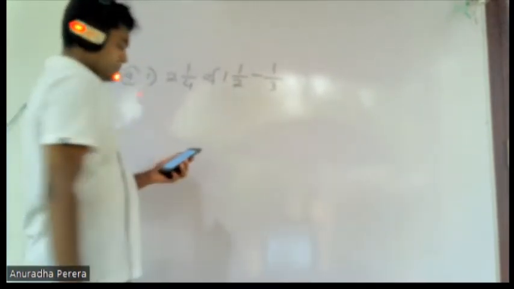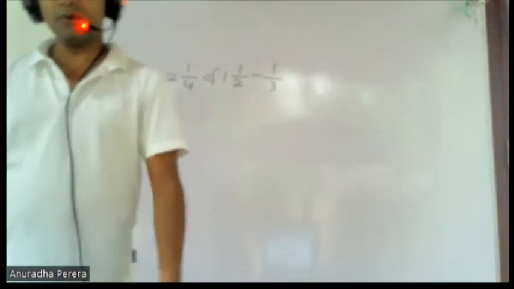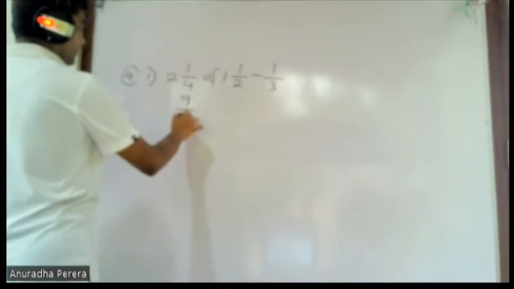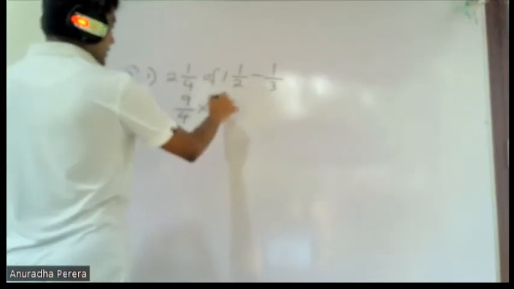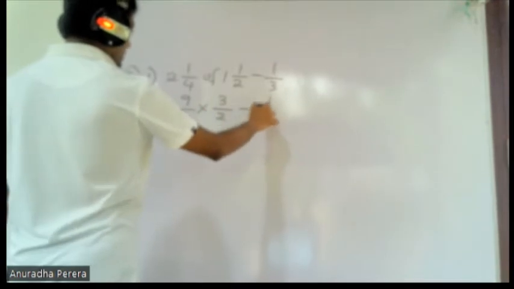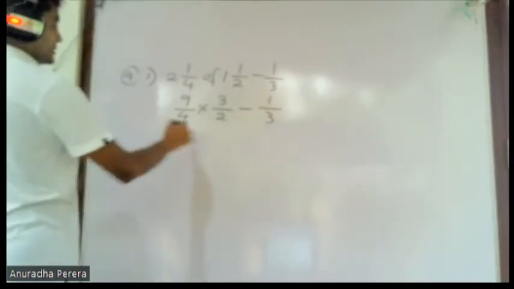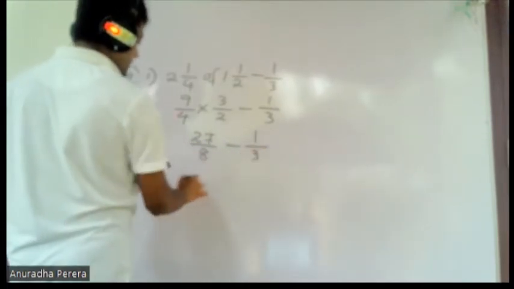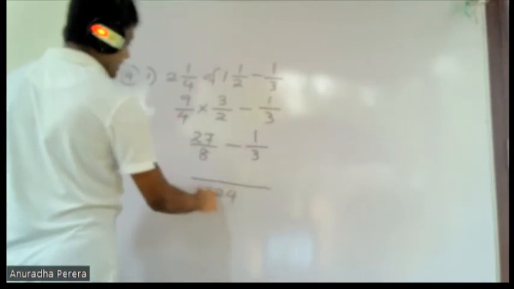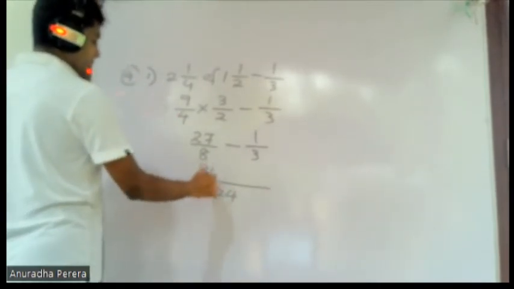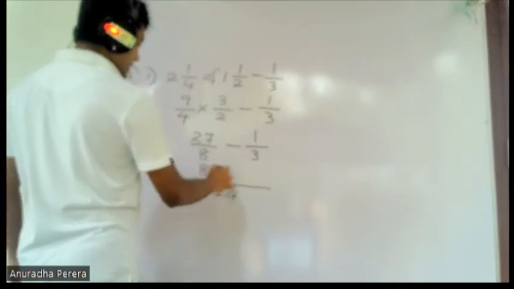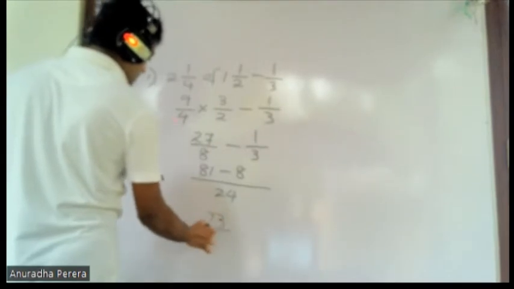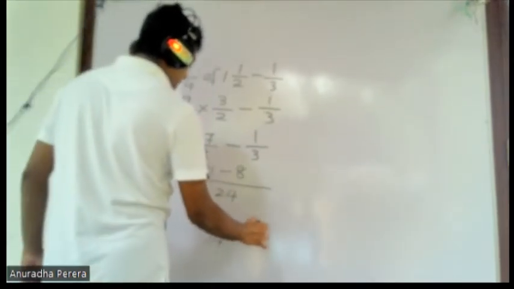What is the first operation that should be applied according to BODMAS? Obviously, 9/4 of 3/2, where of means multiplication. No common factors, so 27/8 minus 1/3. Common denominator 24. Divide 24 by 8, 3 into 1, 81. Divide 24 by 3, 8 into 1, 8. 73/24, which is 3 1/24. Have you got it?